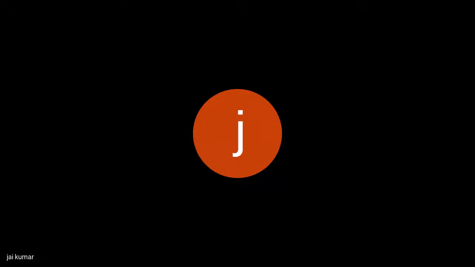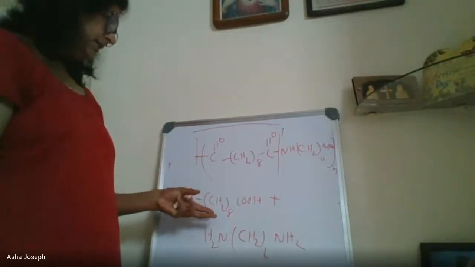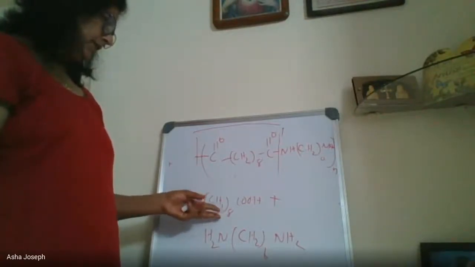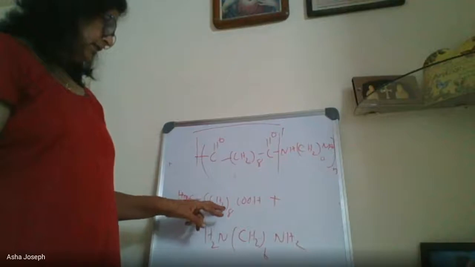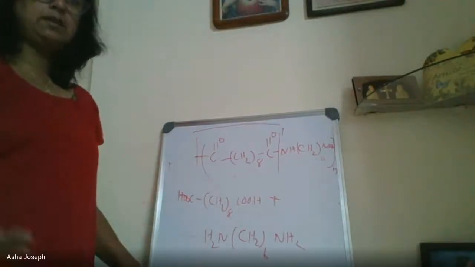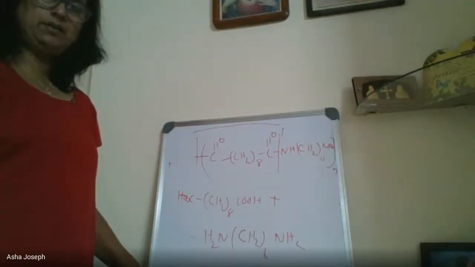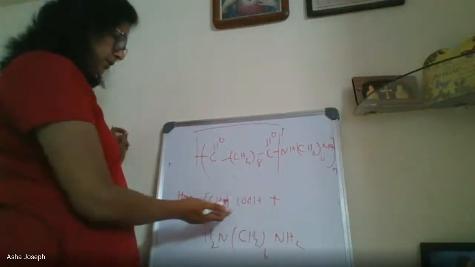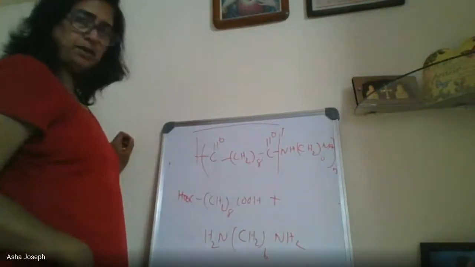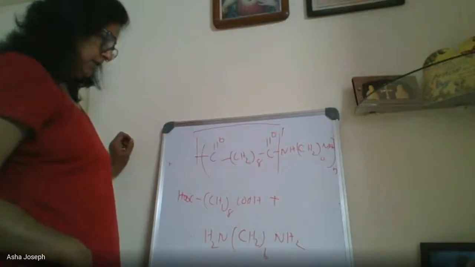Yes, ma'am. The common name, you cannot say until adipic acid and all, we know the common name. You can name it by the IUPAC name, and it has CH2 8 times, isn't it?